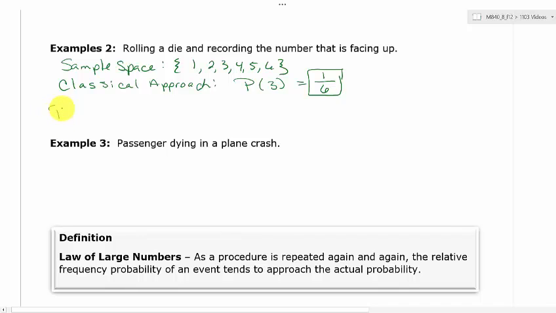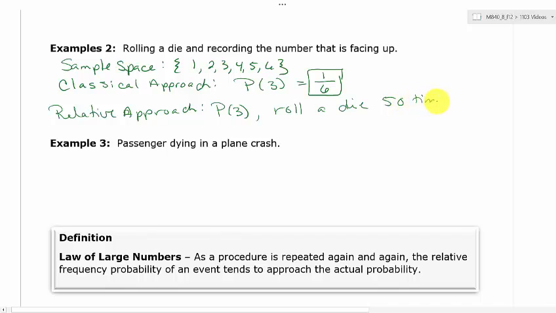And the relative frequency approach, probability of rolling a 3. Here you would actually roll a die, say 50 times.